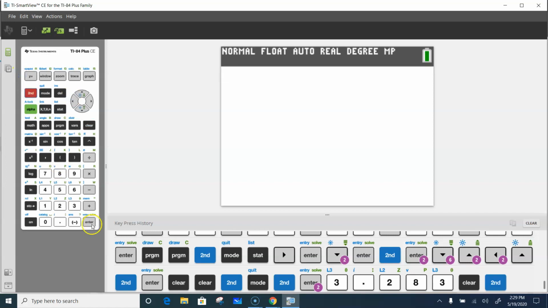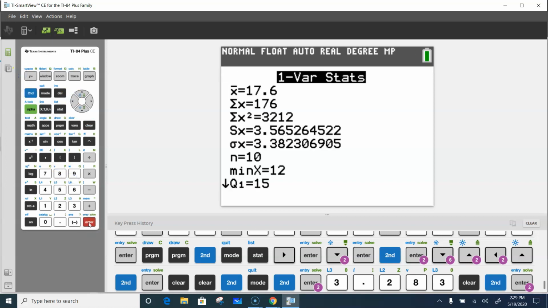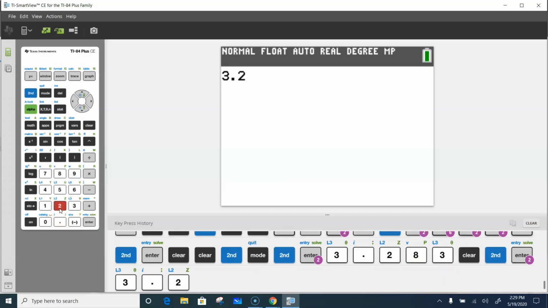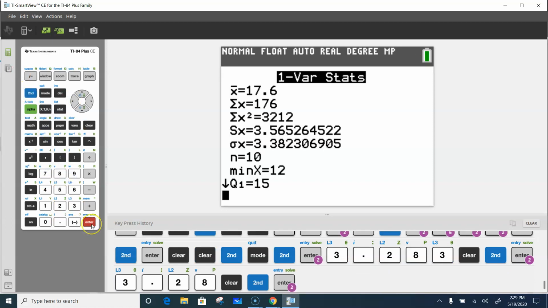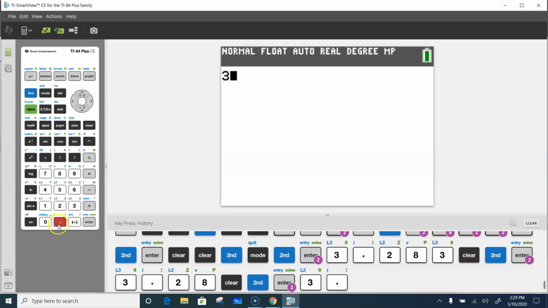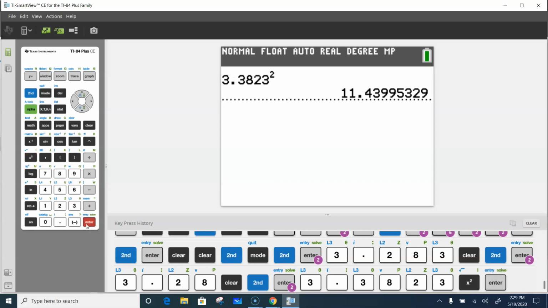Let me just see that one more time, make sure I got the right number. 3.3823. Okay, and we'll go ahead and square that. That'll be our variance, 11.44.